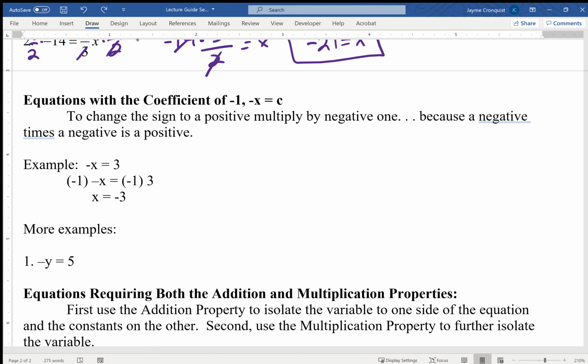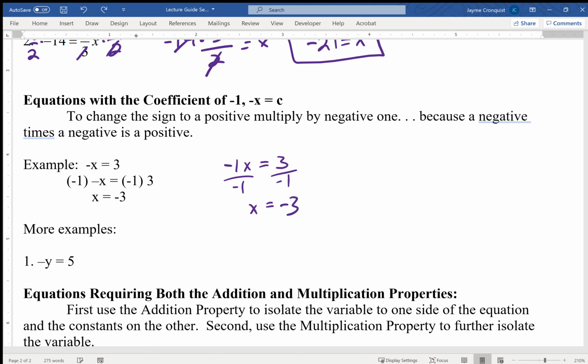Okay, so this is how they did it. They took it and they multiplied both sides by negative 1, turning that negative x positive. Another way to do it is to think of it as this. So then you divide by negative 1. You still get your different sign, so it's negative answer. So you choose.